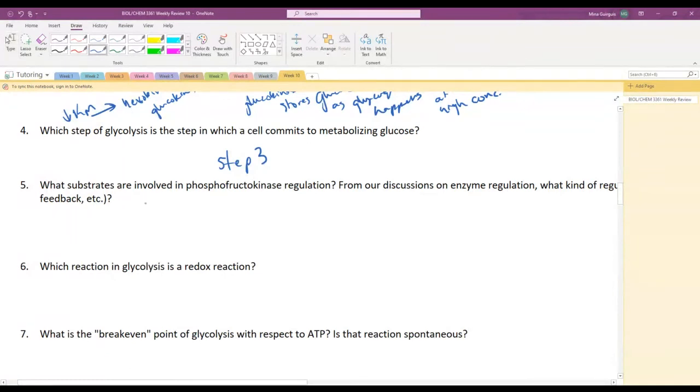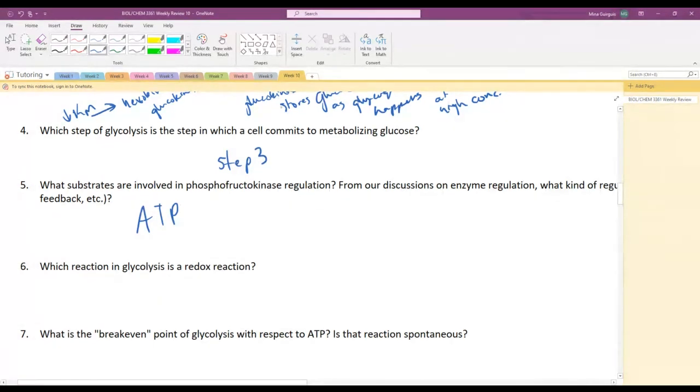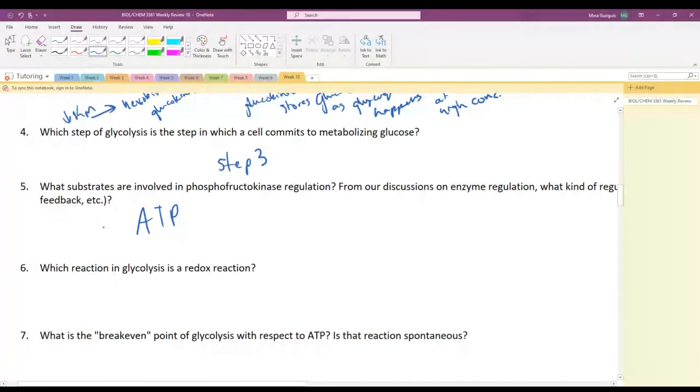So to that end, ATP is one of the substrates involved. Why? Because at a high ATP, we've got a ton of energy. Do we need more ATP when we already have a ton of it? So high ATP, as you might guess, is an inhibitor. And more specifically, it affects the Km.